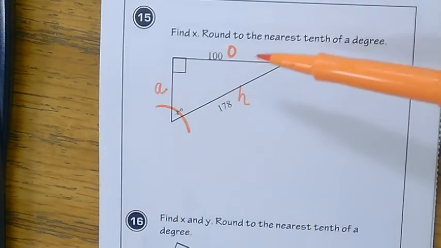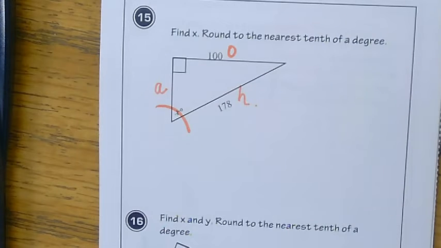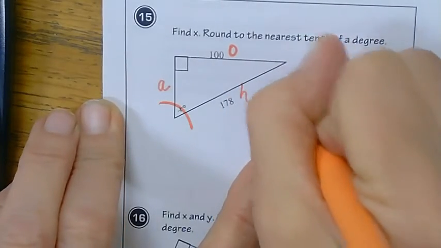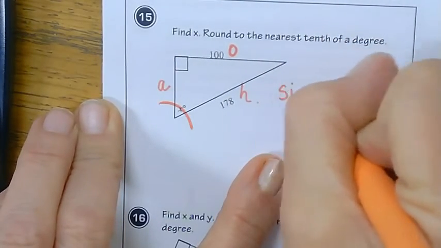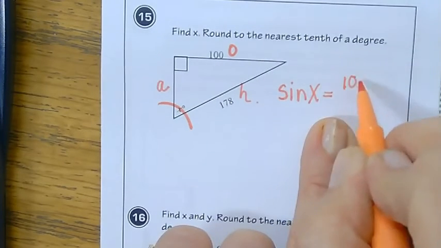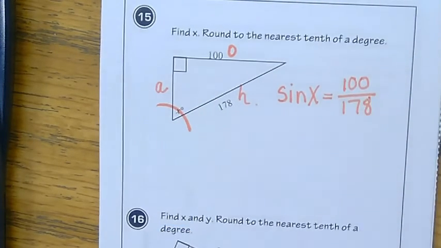Okay, so I need the trig function that uses opposite and hypotenuse. Which trig function is that? Sine. Everybody see why it's sine? So you're going to write sine of x equals 100 over 178.